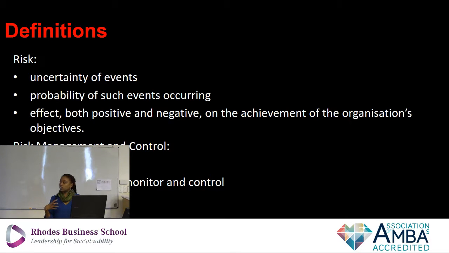So where an opportunity presents itself and the company does not take advantage of it, or where it's incorrectly followed, then we still count that as a risk. Risk management is the process of identifying, evaluating, monitoring, and controlling any risks as defined above that are in the sphere of the company, and how the organization can react to those in order to achieve the objectives and also to speak to the sustainability of the business.